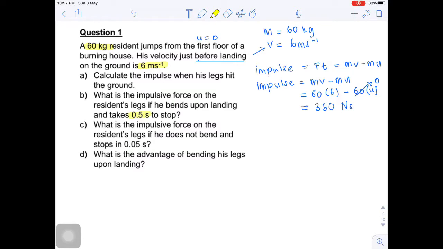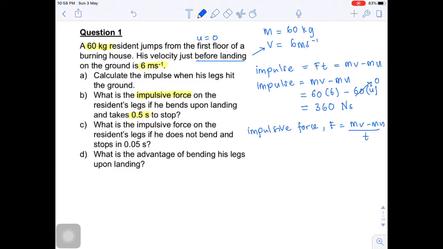Time is 0.5 seconds, and the question asks for impulsive force. So there is impulse and impulsive force. The formula for impulsive force is equal to mv minus mu divided by t.